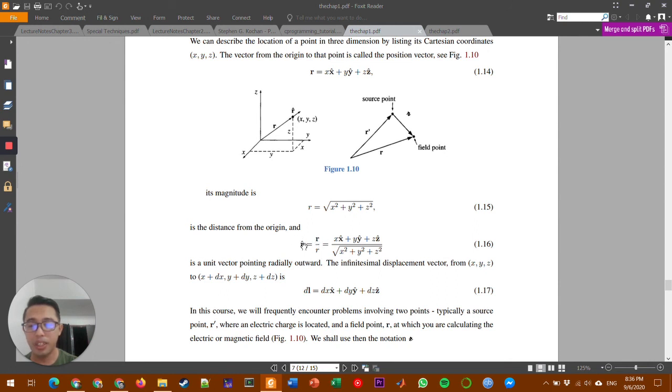So if you want to get the unit vector, you just do the cross multiplication. And then the infinitesimal displacement vector from x, y, z to x plus dx and so on is given by this. It is a small change in your displacement vector. Okay?